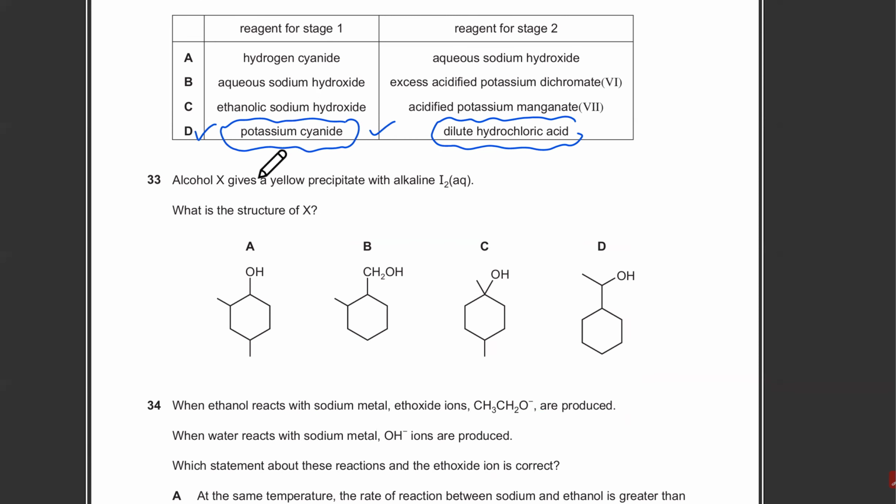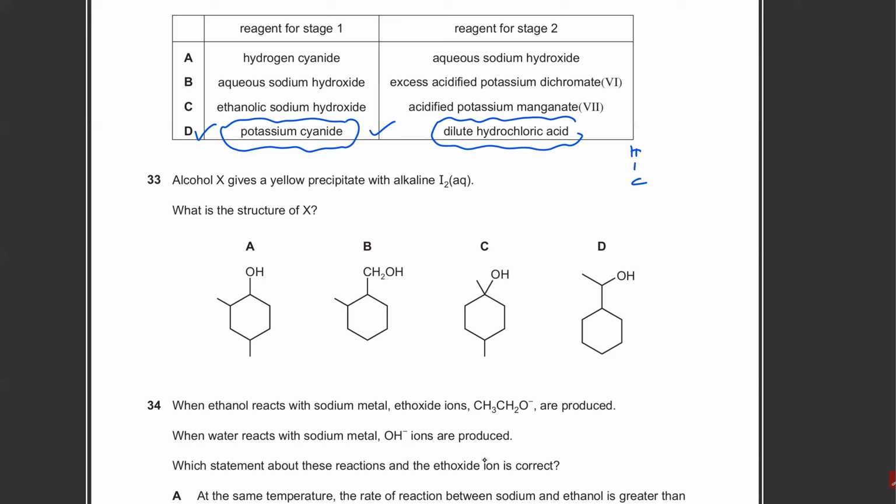Acha, this one: alcohol X gives a yellow precipitate with the alkaline iodoform test. Which alcohol is going to give you an iodoform test? It needs to have a methyl group next to the CHOH.